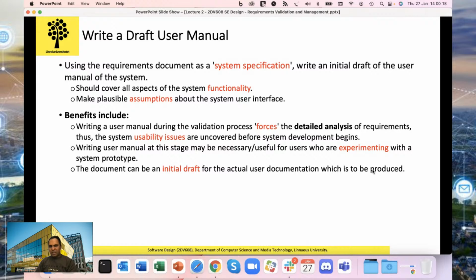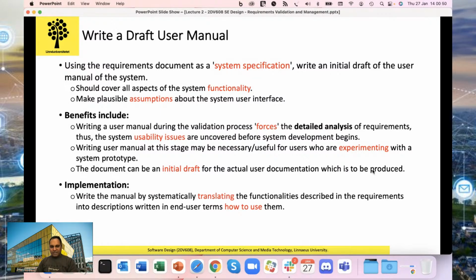If you are not able to write a draft user manual, so the user manual usually tells you how to use this requirement, and if you are not able to write such a draft, that means your requirements have problems. So this draft user manual is another way to find problems in your requirements. That means it's also another way to validate your requirements.